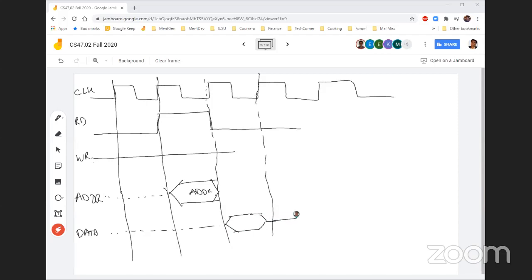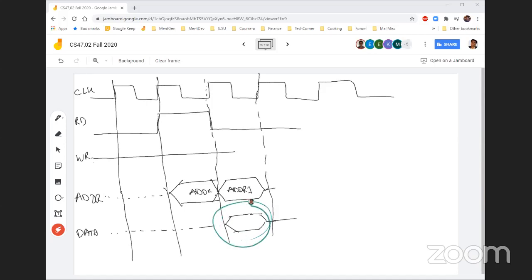Now think that you are going to do another read. So what the processor needs is to send another address, ADDR1, during that cycle, while it is consuming this data incoming from the memory. This data is from the memory, right?